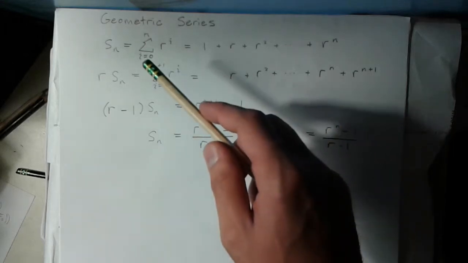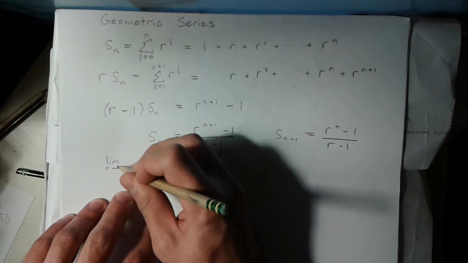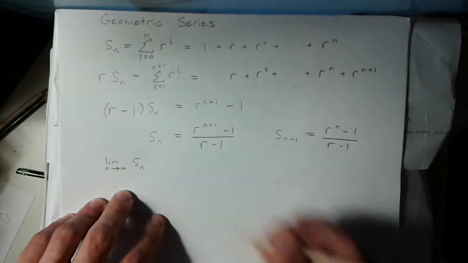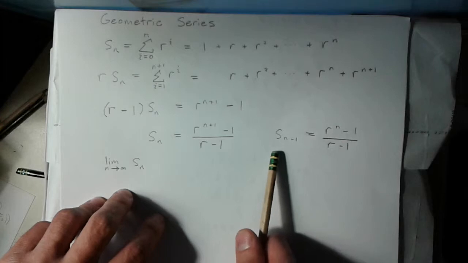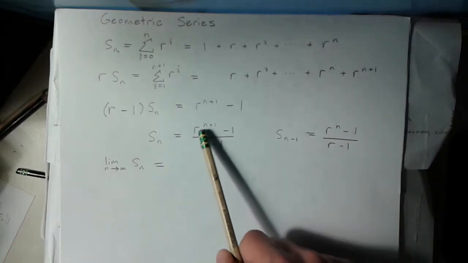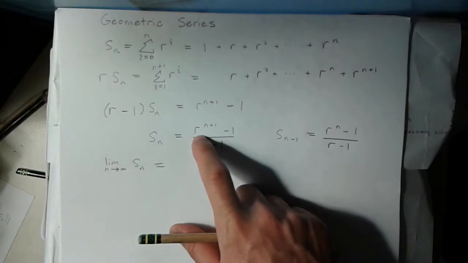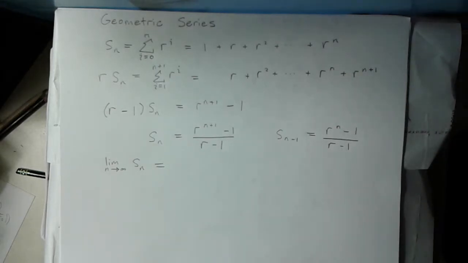Oftentimes when you're dealing with these geometric series, they're actually going to be infinite series, so you're going to be looking at the limit as n approaches infinity of Sn. And something interesting happens there. If you look at this term, if r is less than 1 in magnitude, then this term will go to 0. If it's greater than 1, then it'll go to infinity.